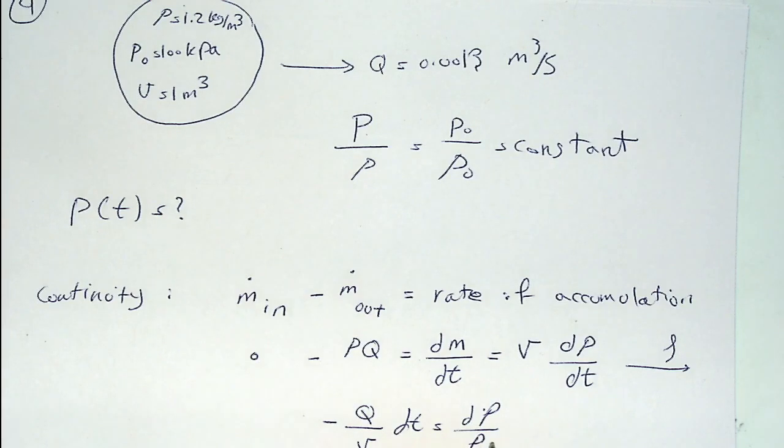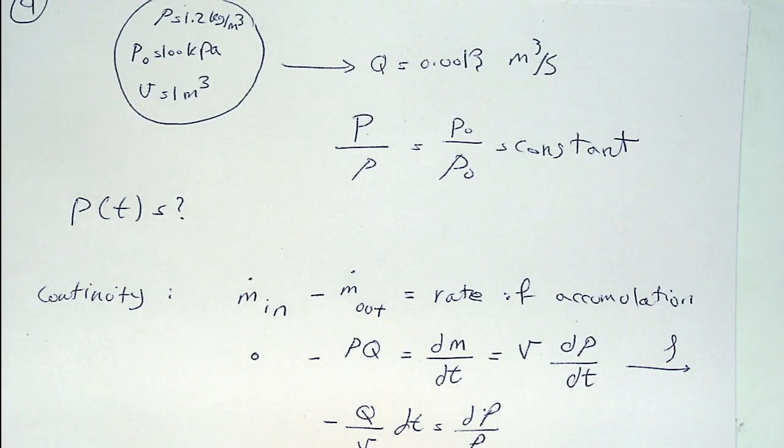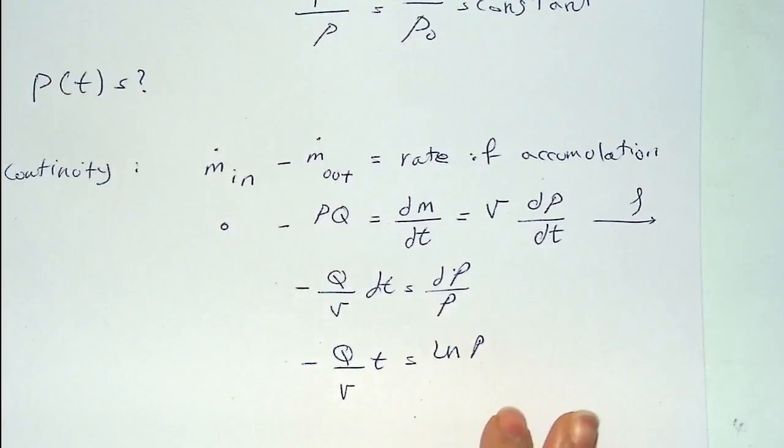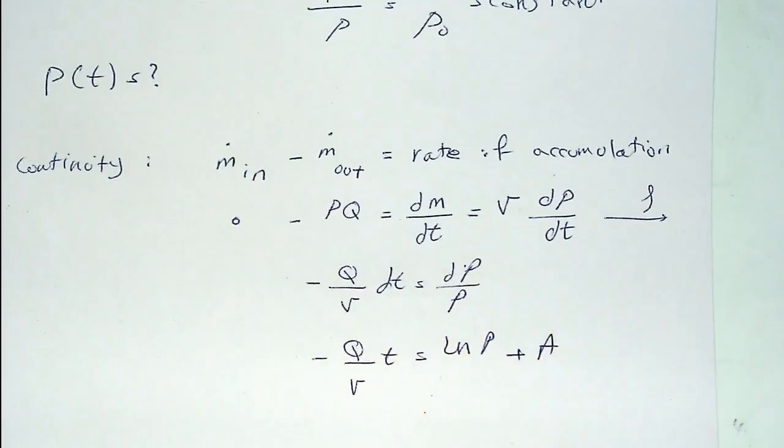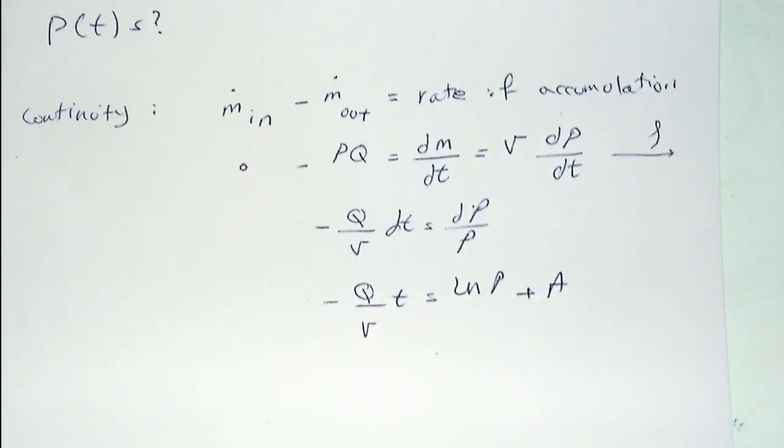And now if I integrate this, I hope the Q is constant, the V is constant, so dt after integration would be t, and the d rho over rho after integration is equal to ln rho plus a constant. And I need to calculate the constant first.